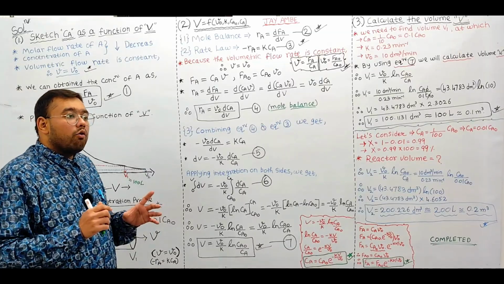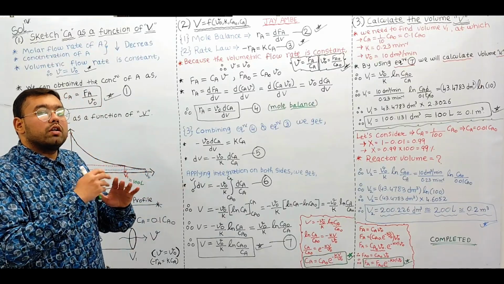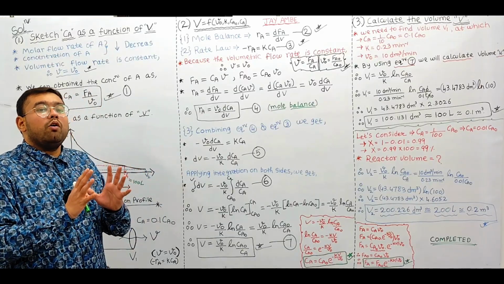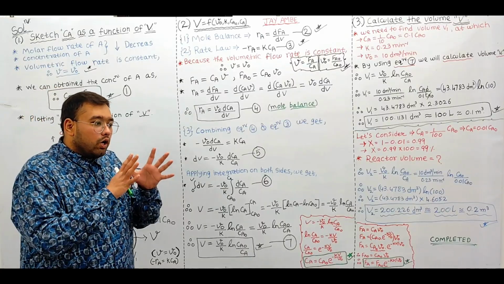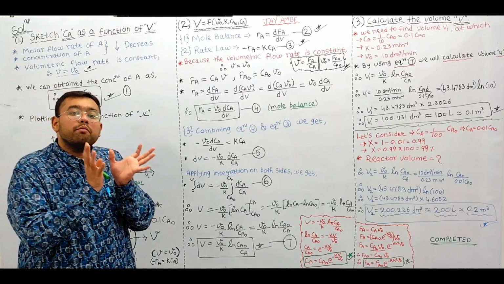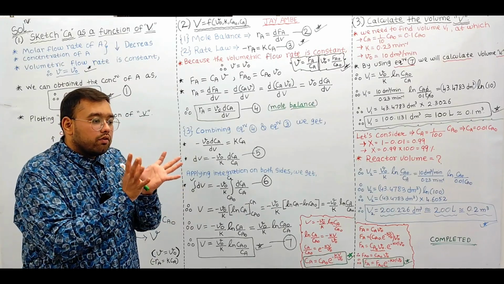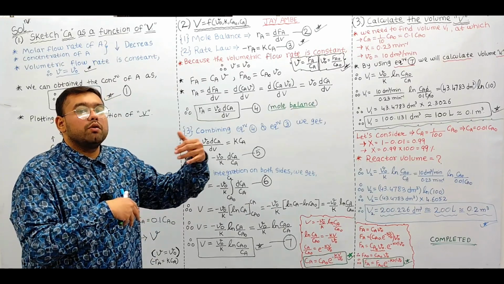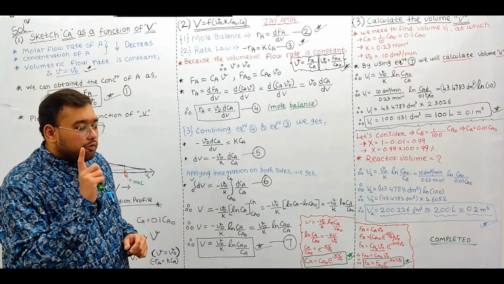Now if we want to convert those 10 reactant molecules into product, then how large a plug flow reactor volume will be required? Or, those 10% unreacted reactants, we need to convert all of them into product. Then how large a volume of plug flow reactor is required? We are calculating that.